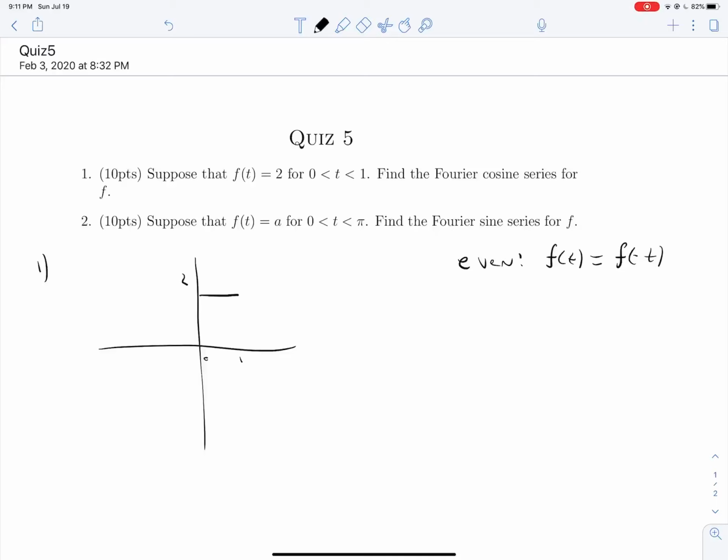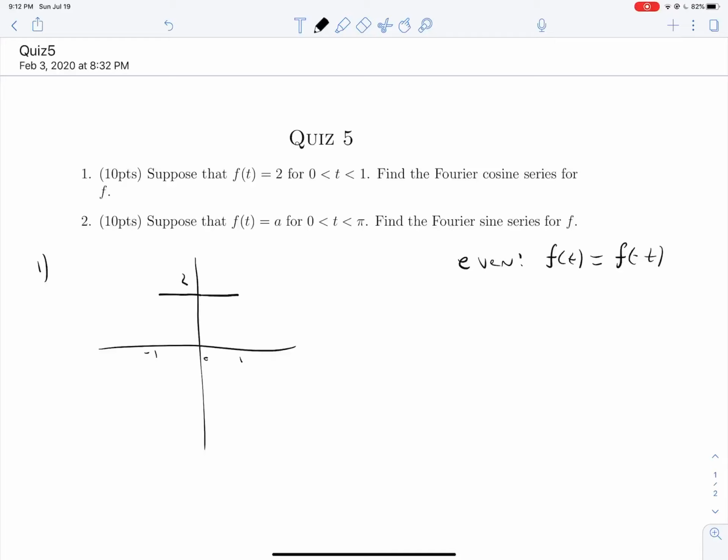So if we apply that here for an even function, because remember, even functions are the ones that will be represented only by cosine series, we walk this back, replicating what we have in the positive t range with what we have in the negative t range from 0 to negative 1, and we get a function that looks like this.